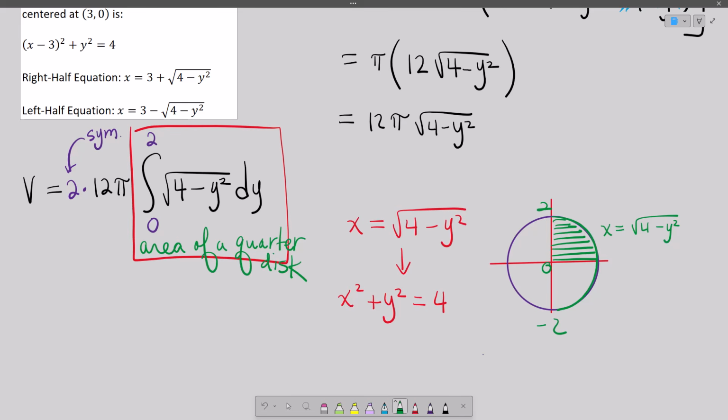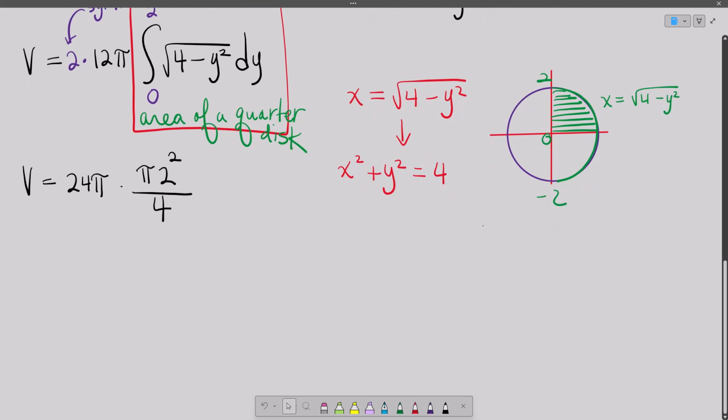All right, so this whole thing becomes 24 pi times the area of a quarter disk of radius 2. Well, the area of a full disk of radius 2 is pi r squared, but we want a quarter disk, so we divide by 4.